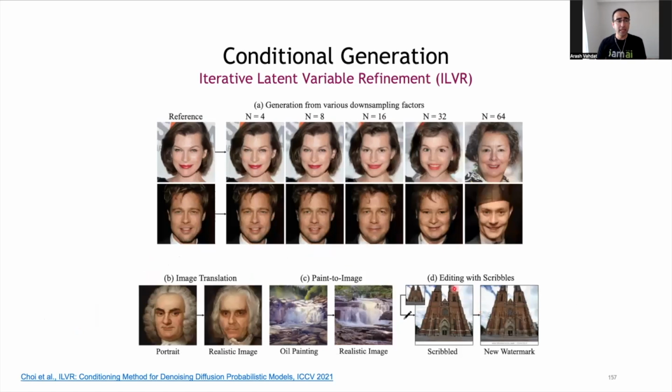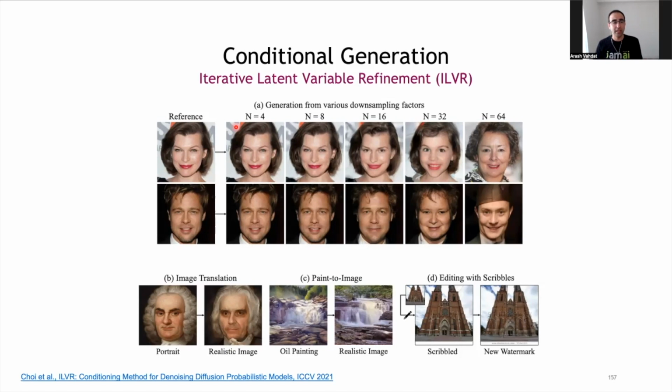Here you can see these two reference images and how we can generate images with different values for n. So when n equals 4, it means that during the generation we downsample the images by a factor of 4 and upsample by a factor of 4. Since this factor is small, most of the structure in the generation will be similar to the reference image.